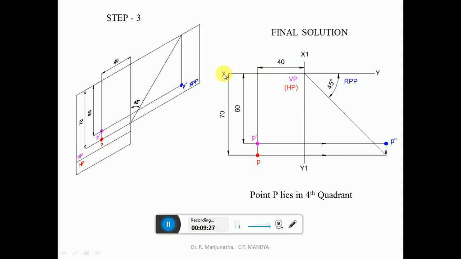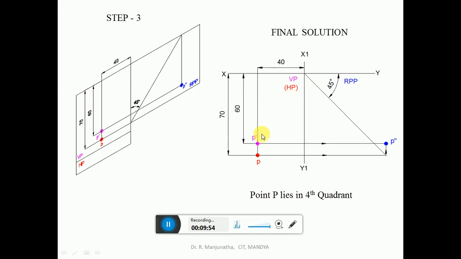First we draw the XY line and X1 Y1 line as shown, and here he has given the right profile plane. From the X1 Y1 line you mark RPP on the right side and mark VP and HP in brackets, because HP is the one which is rotated down, so it will be below the XY line, so VP and HP.